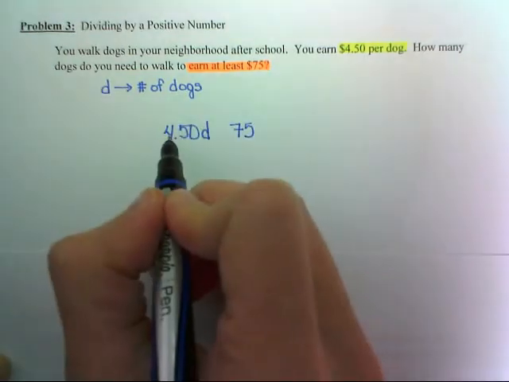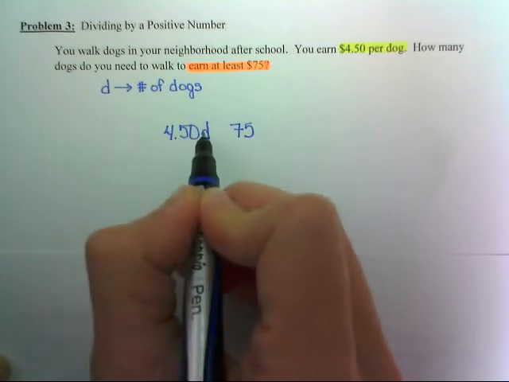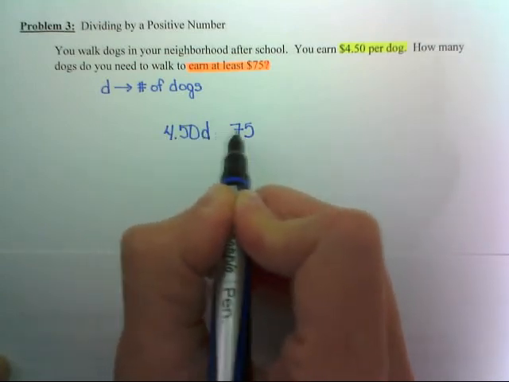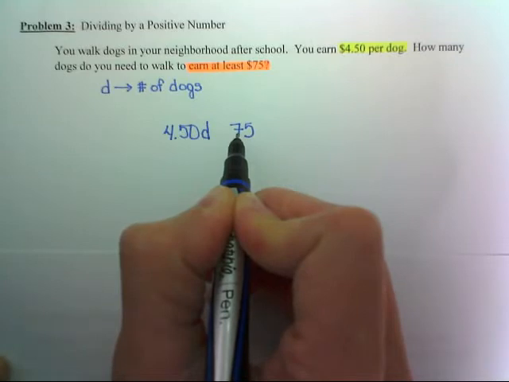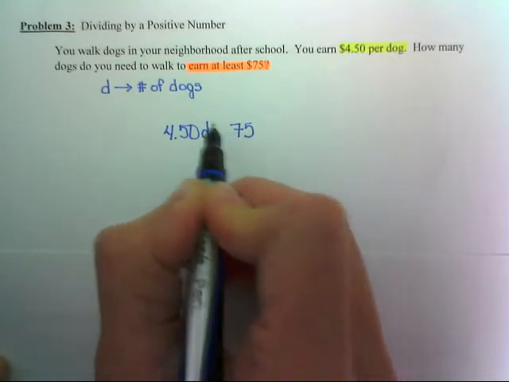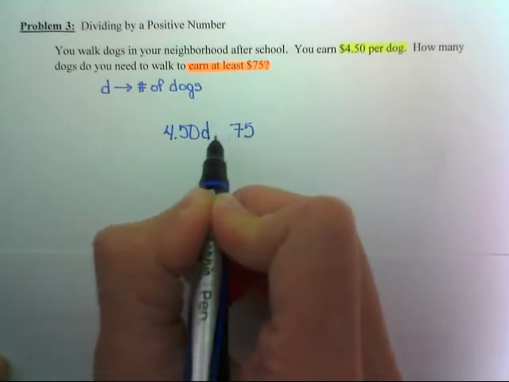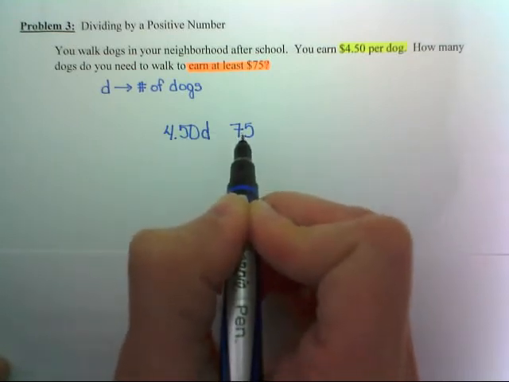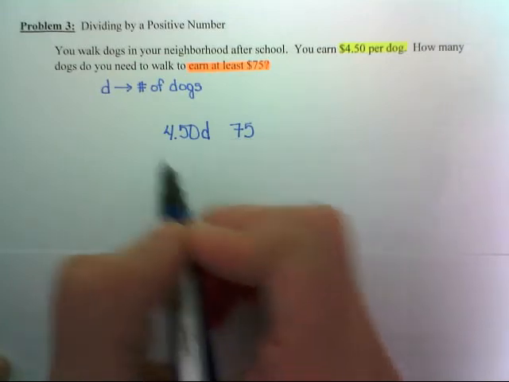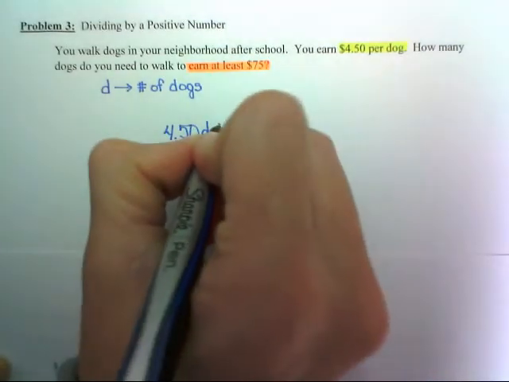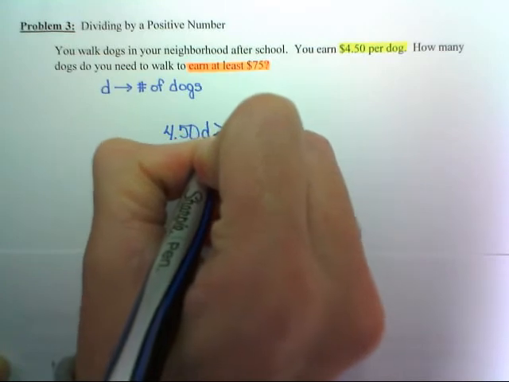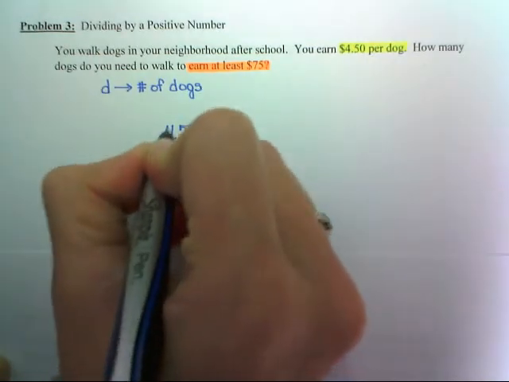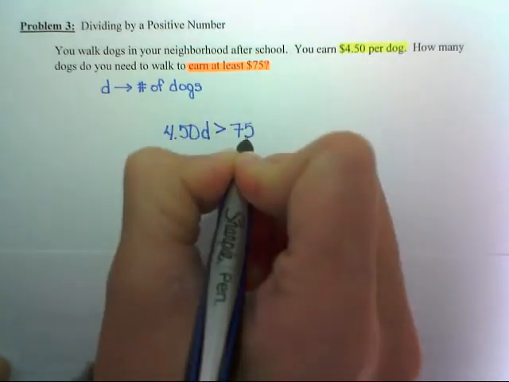Are you going to be happy with walking all these dogs and making less than 75? Would you be happy with that? No. So we know it's not going to be less than or equal to, because we don't want to make less than 75. We want to make at least 75, but we hope to make what? More than 75. So we know it's going to be a greater than sign because we hope that what we do over here is going to be more than 75.